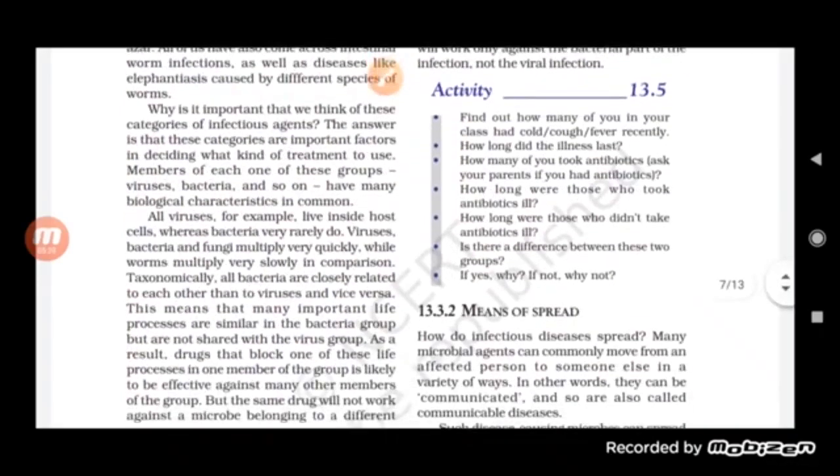Now see here, how can we identify whether the causative agent is a bacteria or a fungi or a virus, etc.? Basically we can find out with the help of some characteristics in common. Viruses have some characteristics like bacteria, and protozoa also. They have some biological characteristics with the help of which we can identify them.